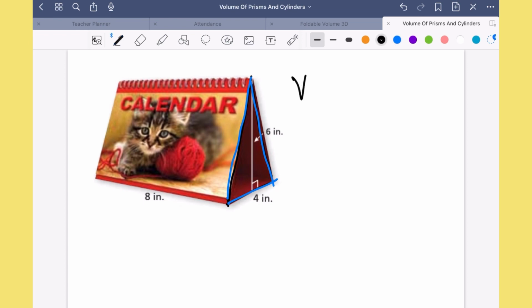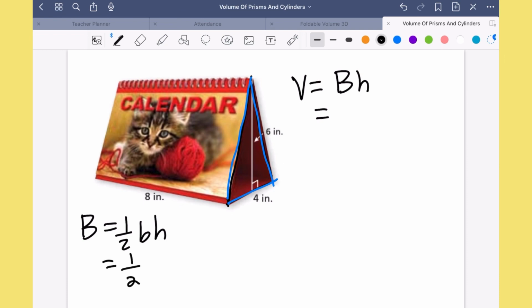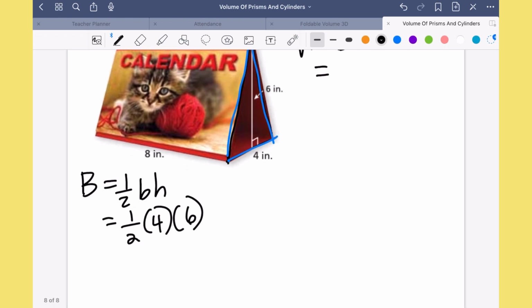Okay, let's see if you did this correctly. Big B times H. So the area of this triangle is 1/2 base times height. The base is 4. The height is 6. So half of 4 is 2, times 6 is 12. So your big B was 12.